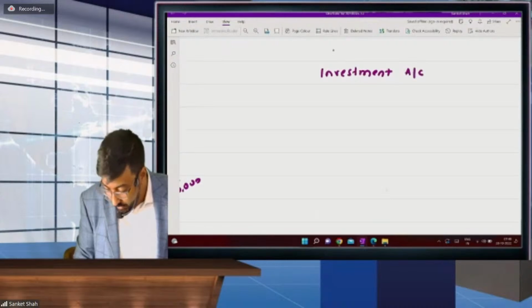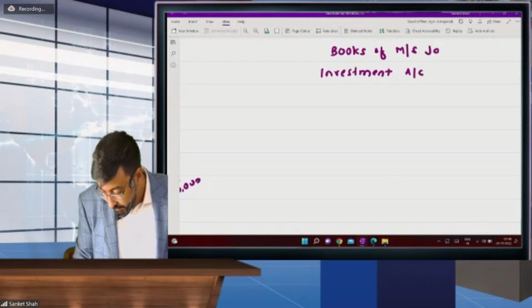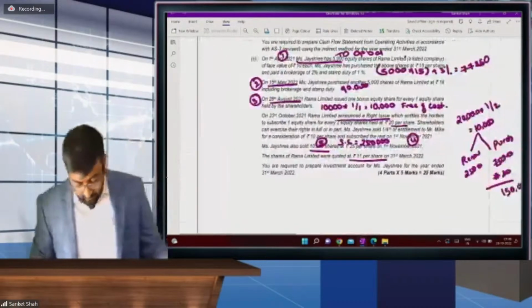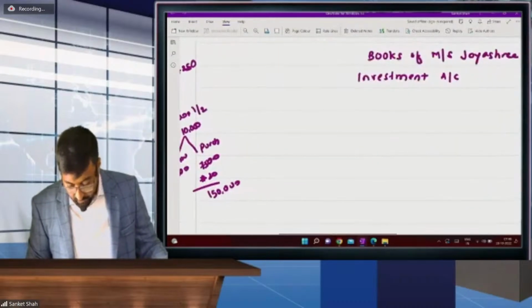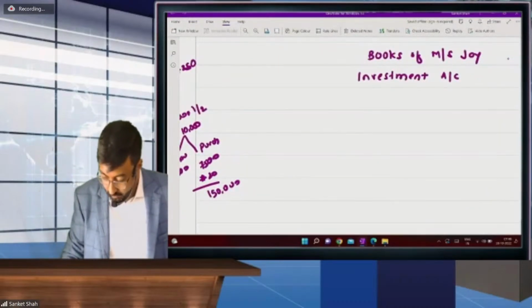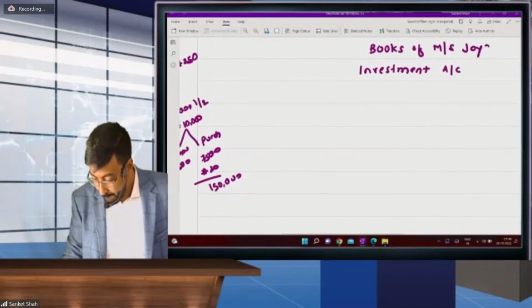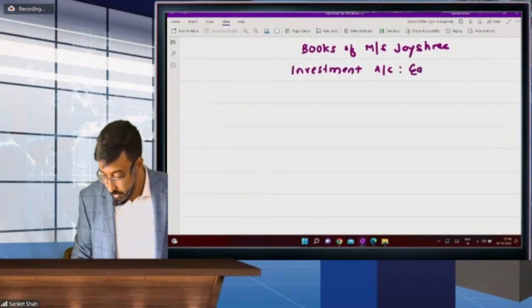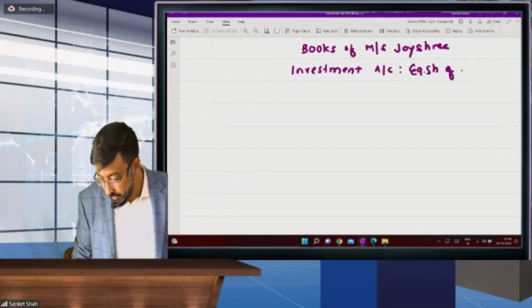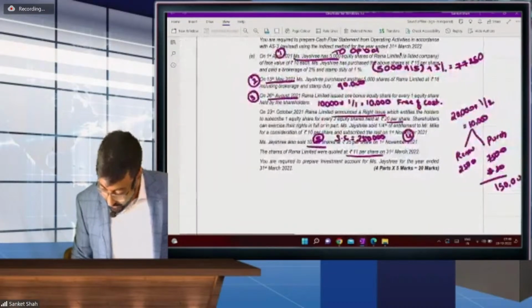Investment account, books of Jayashree, books of Jayashree, investment account, equity shares of which company beta?